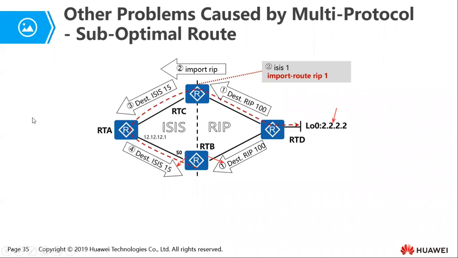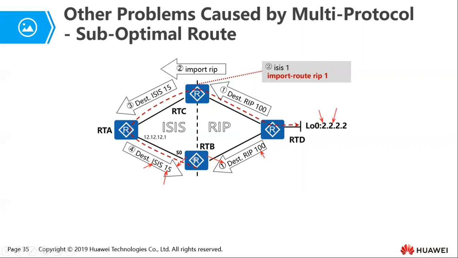Now, because ISIS has a better preference than RIP, RTB is going to install this route that has been learned by ISIS to this destination in the routing table.